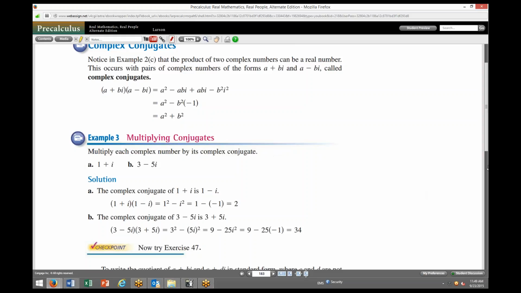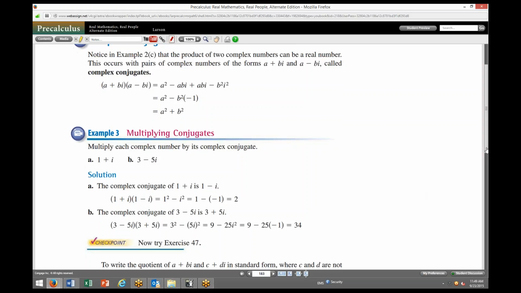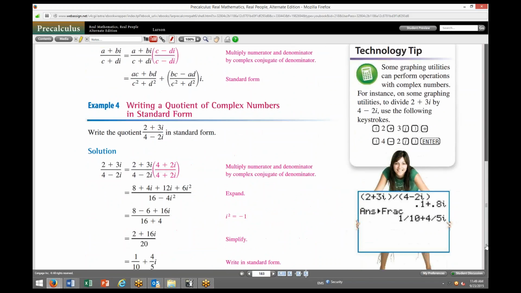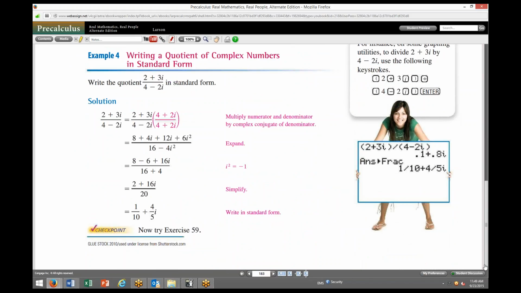Now, we're going to use this principle that any complex number times its conjugate gives us a real number. We're going to use this to simplify division of complex numbers down to a form that does not have i on the bottom. So for example, I've got to use the one in the text because the iPad is once again still unavailable.